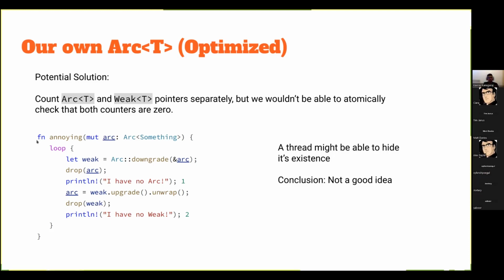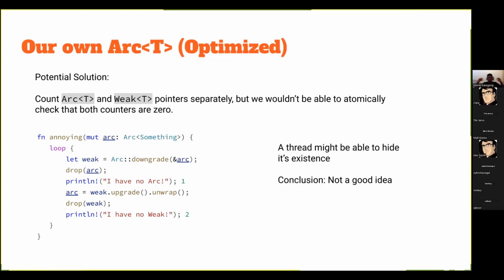So the following function, annoying, takes an argument of some valid Arc type, and it just creates a weak and then drops the Arc, and then creates an Arc and then drops the weak. So it's switching between them: at some point in time you won't have any Arc references, and at some point you won't have any weak references.